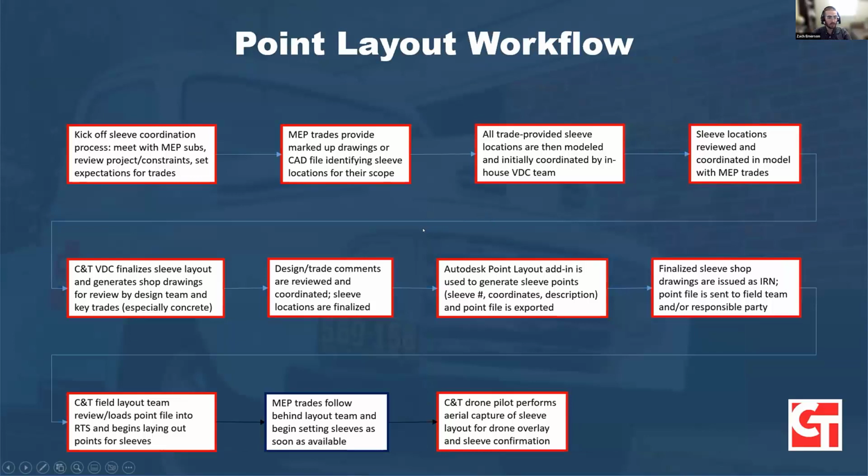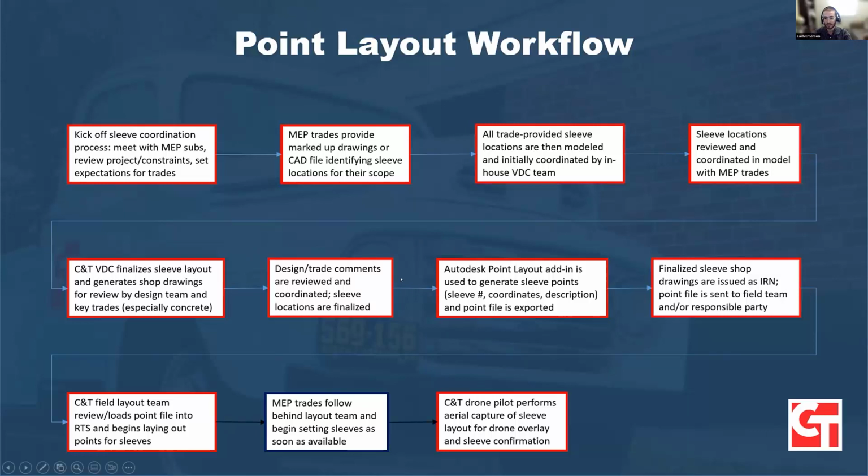Here's just an overview of our workflow. Quite a few steps involved, but the highlights are, we work from information provided by our trades. We work through our coordination process with them to finalize those locations. We send the finalized layout to those trades for final review, as well as to the design team for any comments.